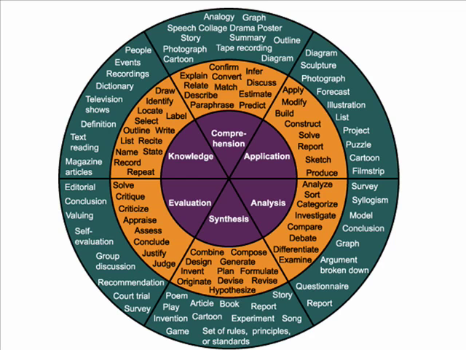So if you'll look over in that purple circle and find the knowledge, that's the most basic level. So those verbs in there, draw, identify, locate, label, write, list, recite, name, all of those are objectives on the lower level of the critical thinking scale.